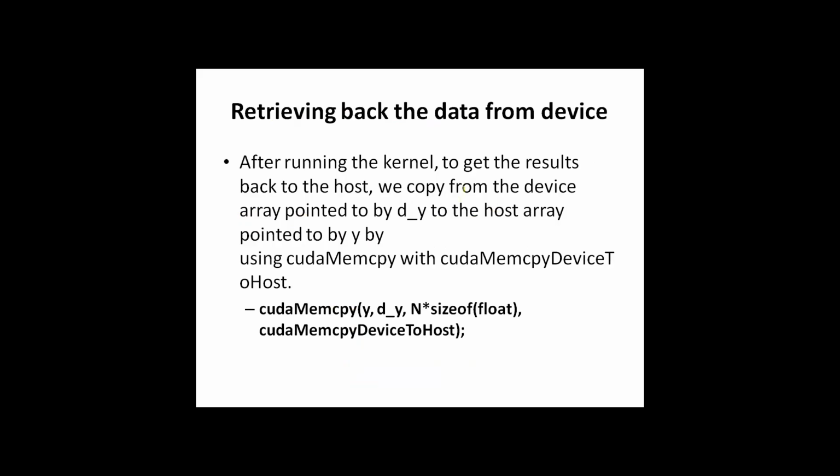After running the kernel, we get back the results from the device to the host by using cudaMemcpy again. Again, we are getting back the result from d_y to y, right?